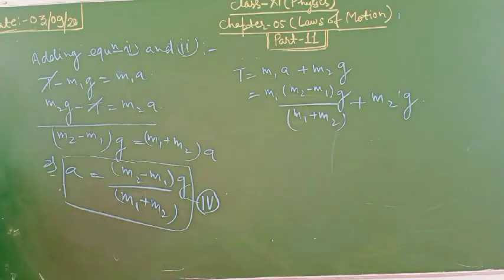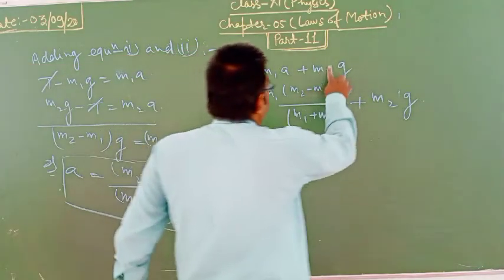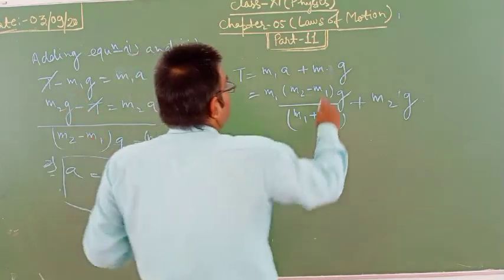(m2 minus m1) g upon (m1 plus m2), plus m2 g. Now taking m1g, oh sorry, this is the problem. It is m1g.